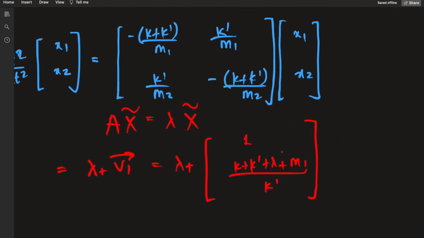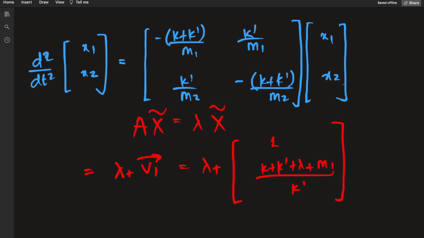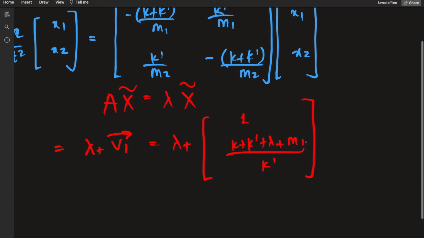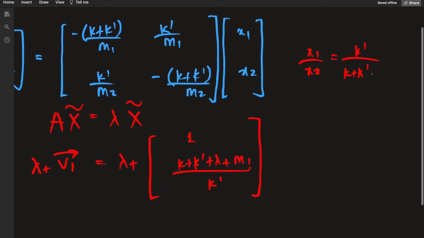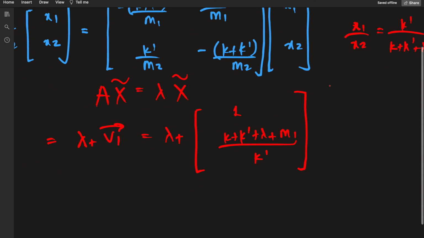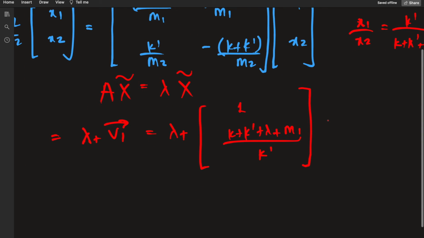So this is the condition we have to set on x1 and x2, because now the ratio between x1 and x2, it's best to put it that way, is equal to 1 over this guy, which will be k prime over (k plus k prime plus lambda plus m1). So now this puts this constraint on x1 and x2, at least for the lambda plus case.